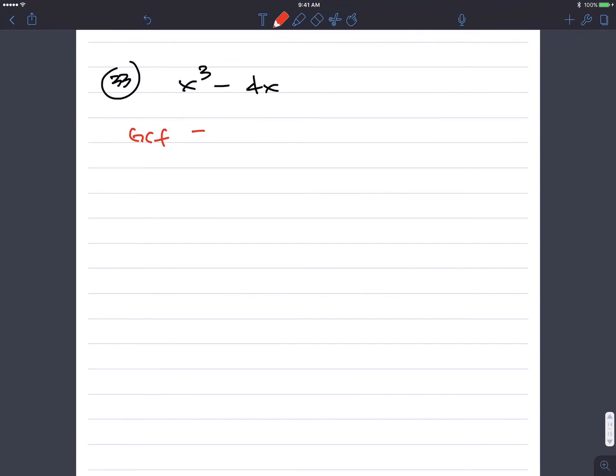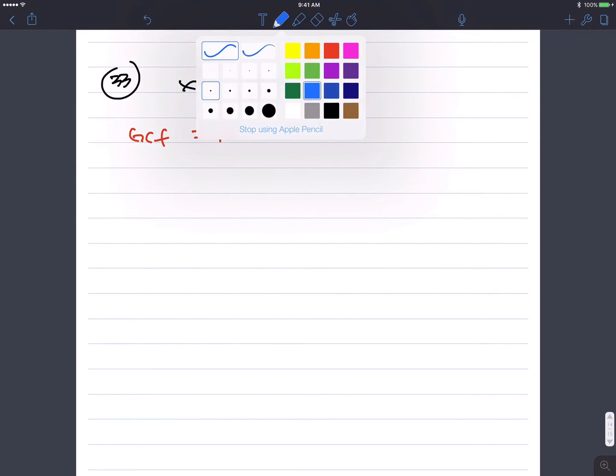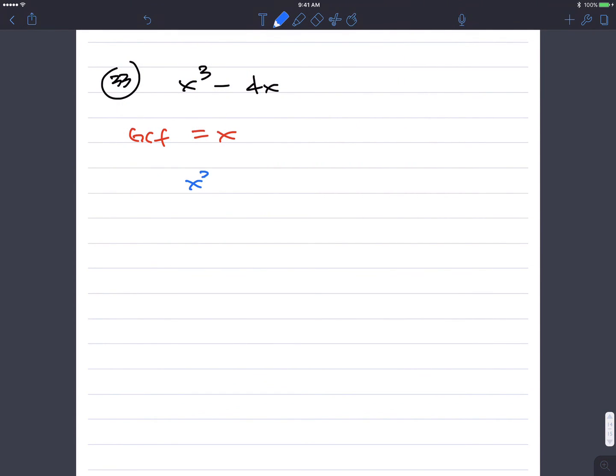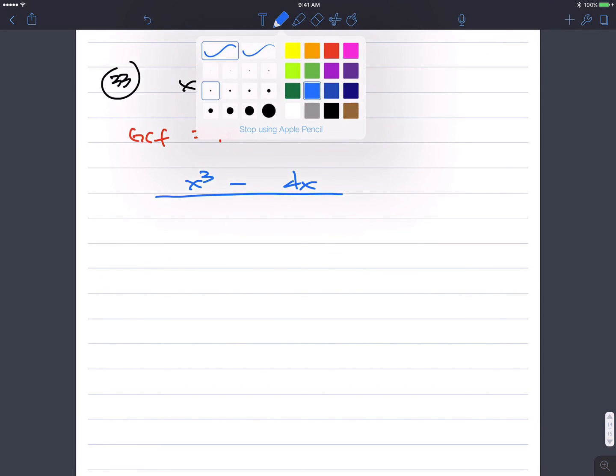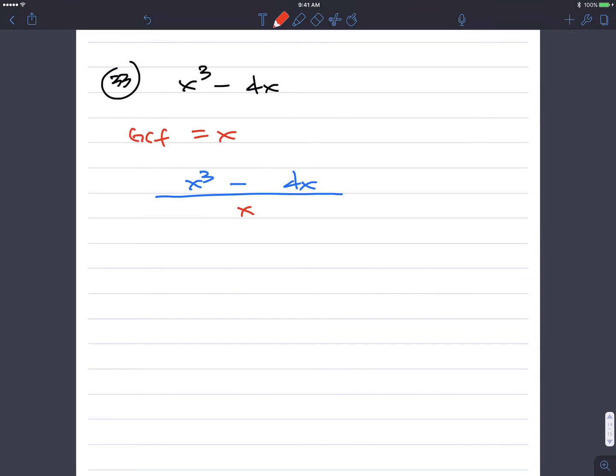Is that just x? Okay. And then what's the quotient? X cubed minus 4x over that x. X cubed over x minus 4x over x. What's my quotient? Is that x squared minus 4?